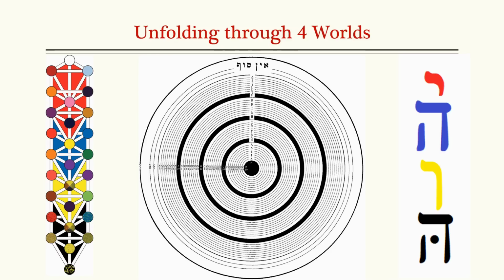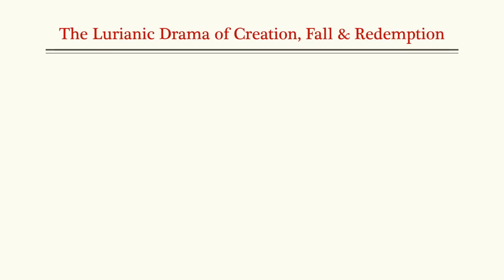This is more what we're going to deal with today, this circular diagram. We're pretty much going to scrap the version you're used to, because that doesn't manifest until much, much later in the actual full creation story of the Kabbalists. So today we're going to go through the more kosher story, which is the Lurianic Drama of Creation, Fall, and Redemption.